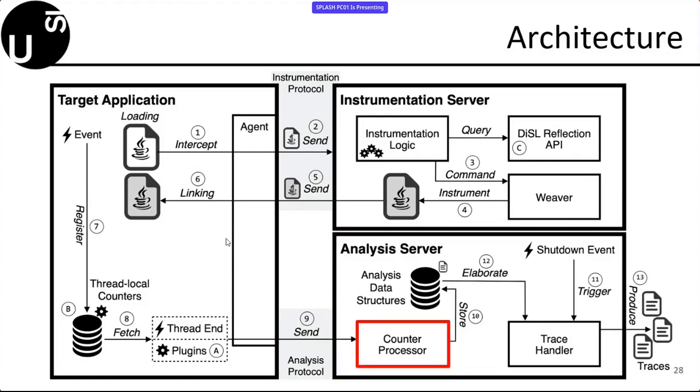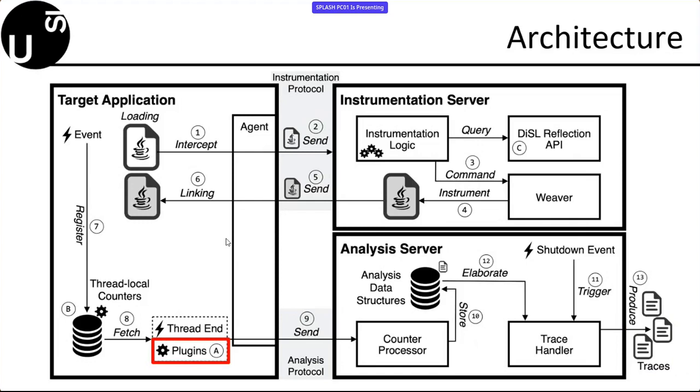In the analysis server, one component called the counter processor takes care of storing the events into appropriate analysis data structures. And these data structures will be elaborated when the running application terminates. And in particular, the trace handler will produce concise and readable traces containing all the events that were collected at runtime.